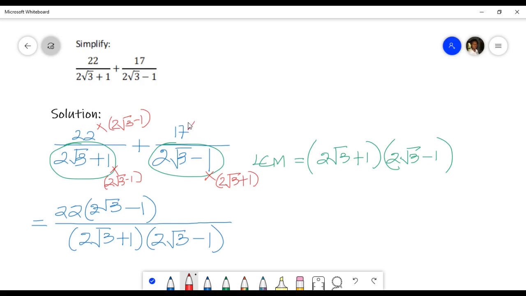The same multiplier will multiply with the numerator: 17 into 2 root 3 plus 1. Right, I hope you understood this. Plus, we'll write that plus sign, 17 into 2 root 3 plus 1. We put it inside the bracket, showing that 17 is multiplied with 2 root 3 plus 1. So this is the step that we have done.